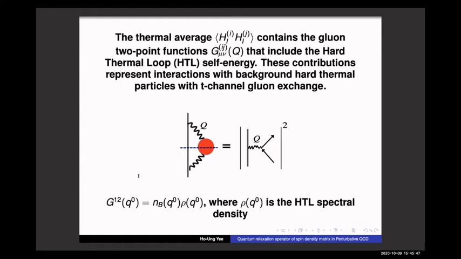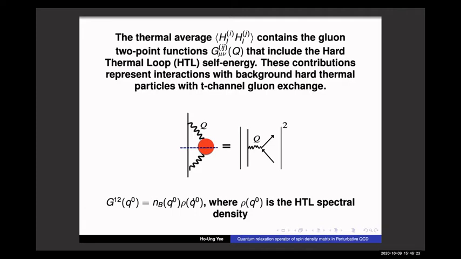And let me introduce the spectral density in this way. This is just the definition of the spectral density. So G12, which is the Wightman function, is given by the Bose-Einstein distribution times something called the spectral density, which encodes all the essential data of the hard particles in the background QGP that undergo the scattering interactions with the quarks.